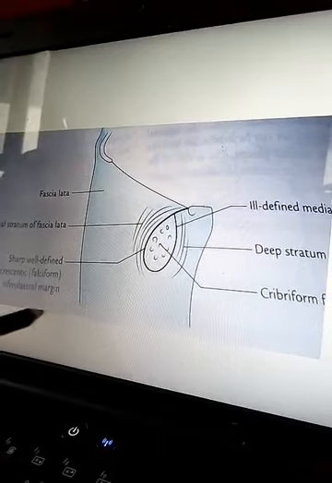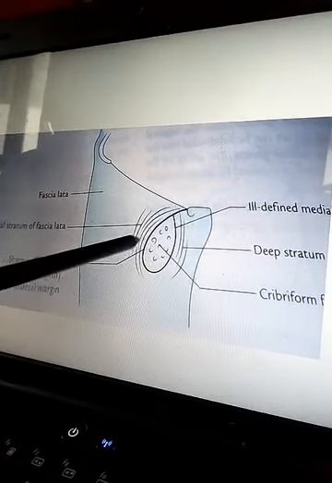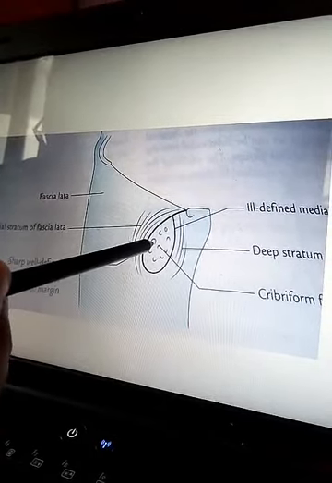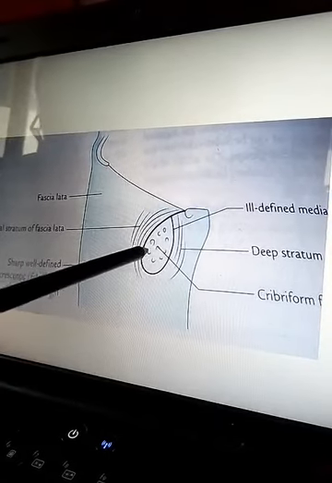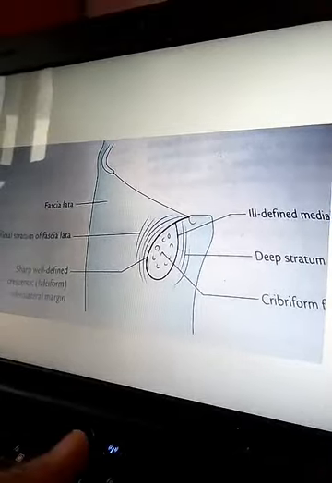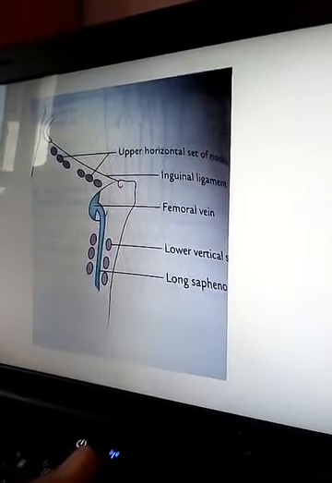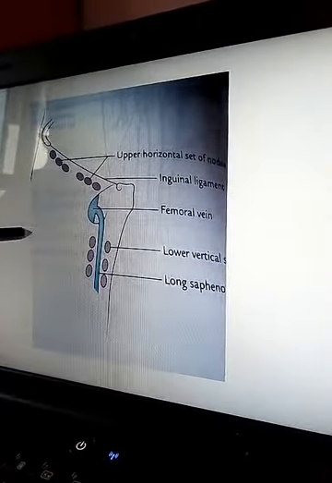The structures which pierce the saphenous opening are the great saphenous vein, superficial epigastric and superficial external pudendal vessels, and few lymph vessels connecting the superficial and deep inguinal lymph nodes.